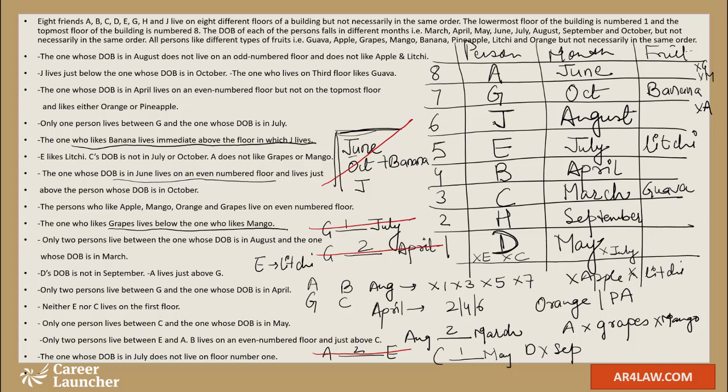For floors 8, 6, 4, 2, the fruits should be apple, mango, orange and grapes. Orange could go with floor number 4, because it's been given that someone whose birthday is in April can like orange or pineapple, and floor 4 is an even floor, so orange can be their choice.